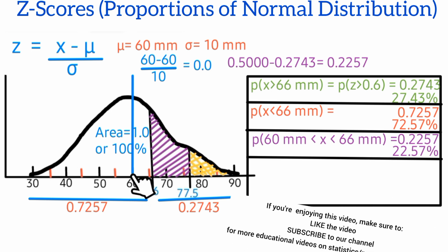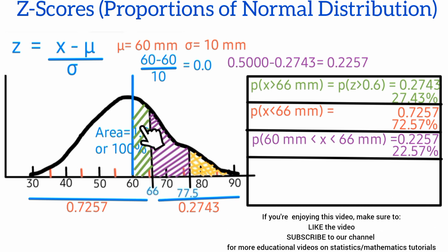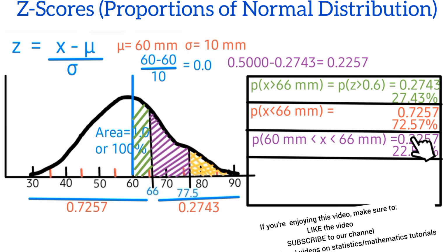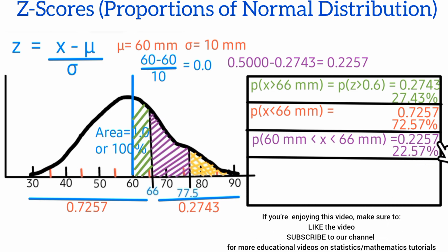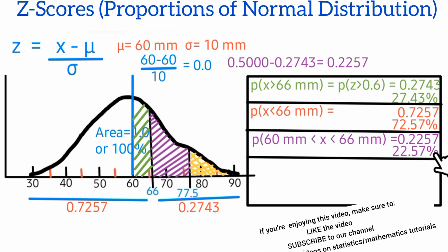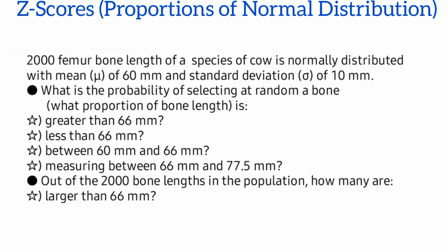So from this point to this point, that is the point shaded with green, is 0.2257 or 22.57%.